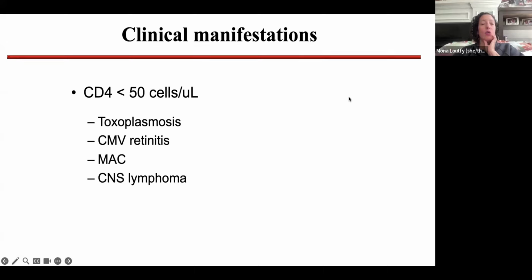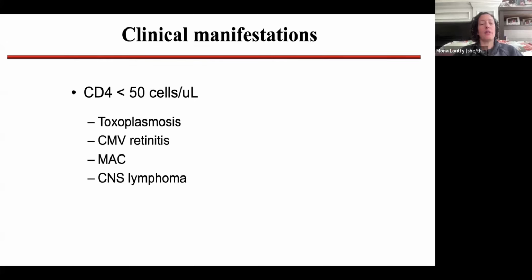When the CD4 count goes below 100, the second most common opportunistic infection is cryptococcal meningitis. So we'll see that. That is a fungus. And toxoplasmosis is a parasite, CMV is a virus.